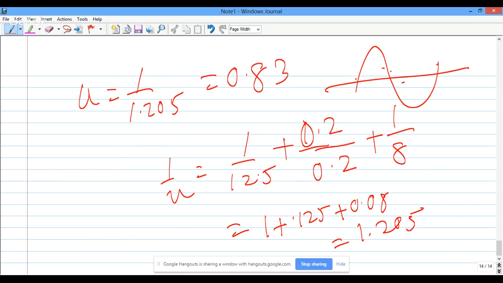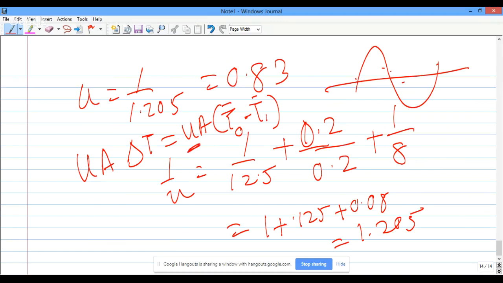Let's say I'm interested in finding out the mean heat flow, that will be given by UA into delta T, where delta T is the outside mean minus the inside mean, or inside mean minus outside mean, and you can calculate this out. Now you can see that the autoclaved aerated concrete block will have a much lower value, 0.83, compared to the previous one, which is somewhat higher, and normal brick would be much higher.